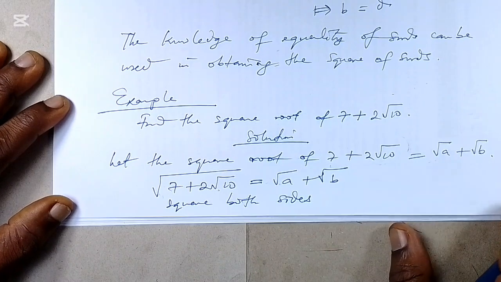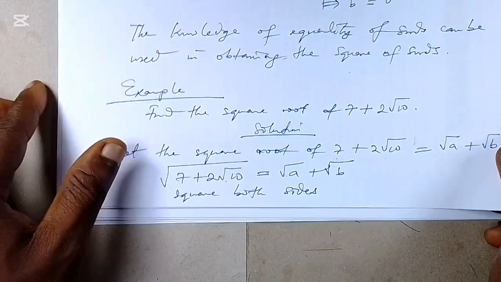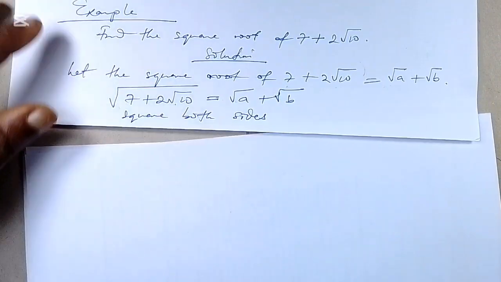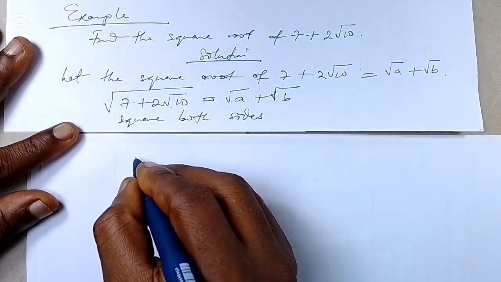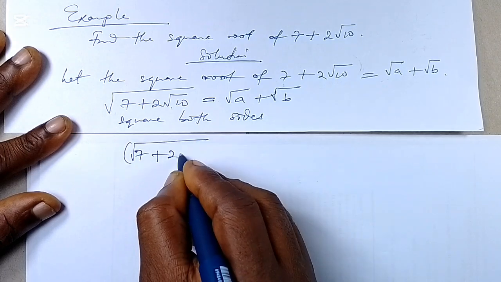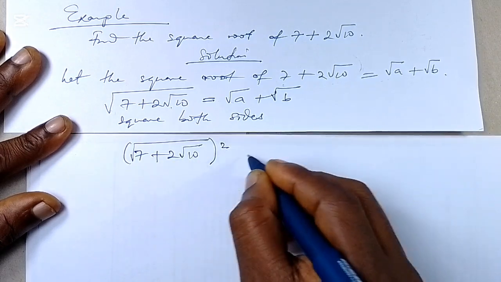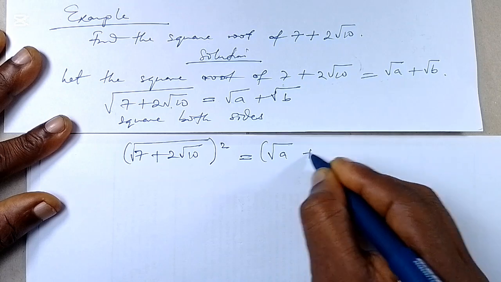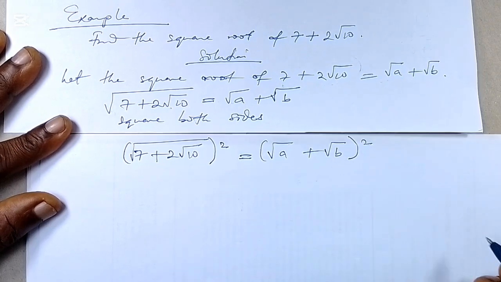Once you square both sides, what will happen? If you take the square of 7 plus 2 root 10, it will mean taking the square of the other side.